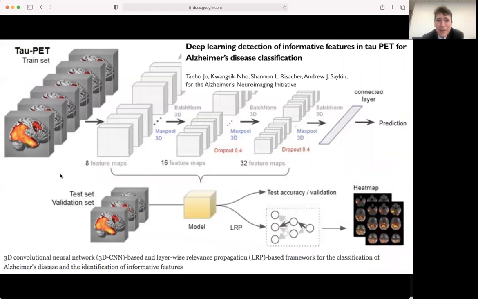Work by Andy Saykin and Tae-Hyun Zhou at Indiana University is using tau-sensitive PET to feed into a deep learning neural network, again, a convolutional neural network, to identify features and sets of features that are diagnostic for Alzheimer's disease classification. And this can often identify things that we didn't, again, expect ahead of time that would be diagnostic or prognostic from PET.